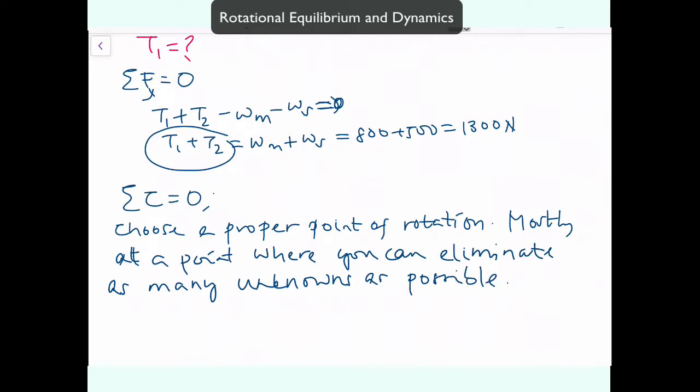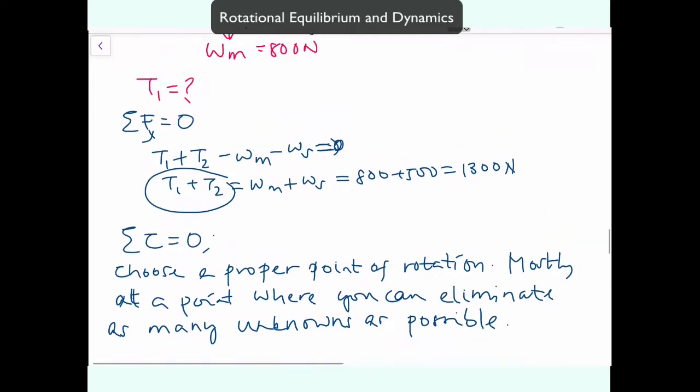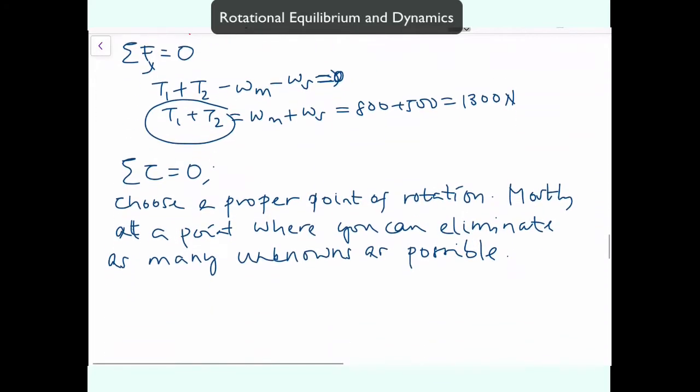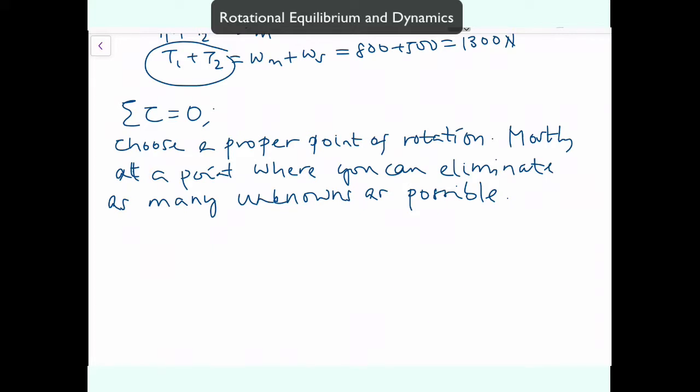In this particular case, where are the points of unknowns? There is one point here, and another point here. If you call this point A and this point B, then take either A or B as your point of rotation. But I'll use point B. So I'm going to use the sum of the torques at point B equals 0.